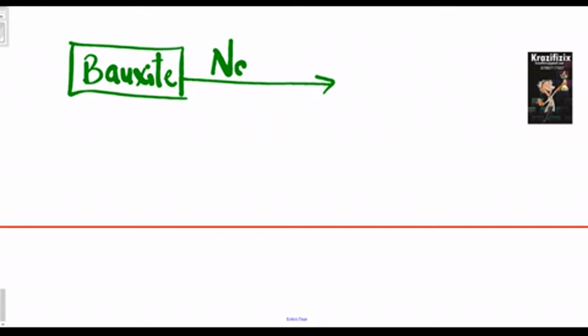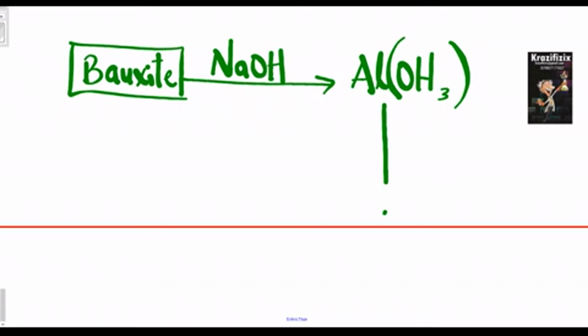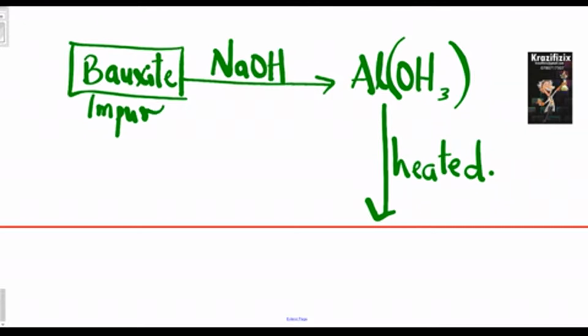Bauxite is treated with sodium hydroxide, and we have aluminium hydroxide, which is now heated.